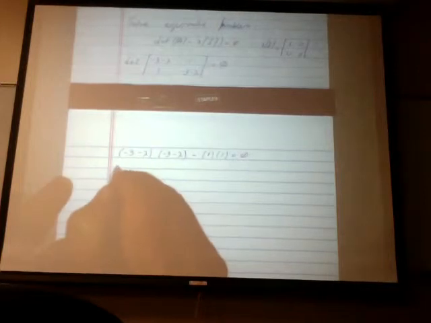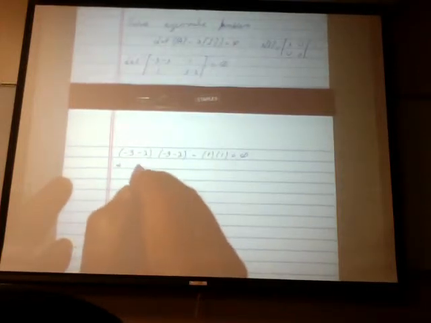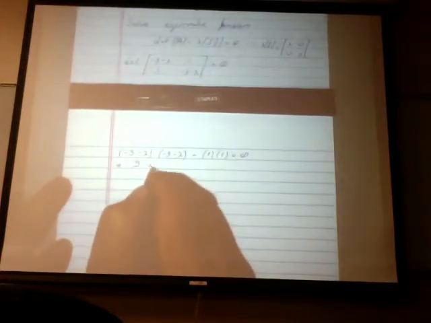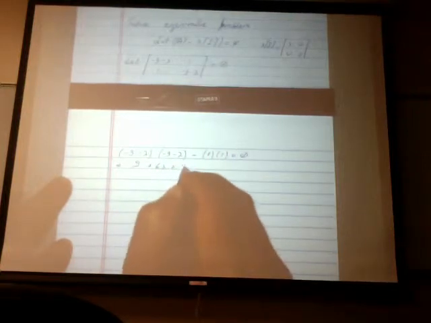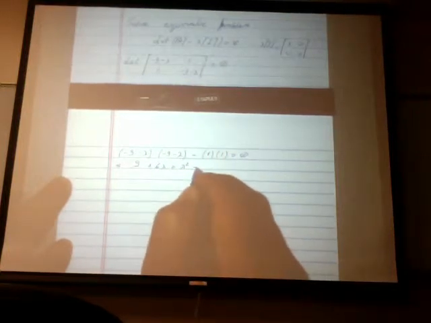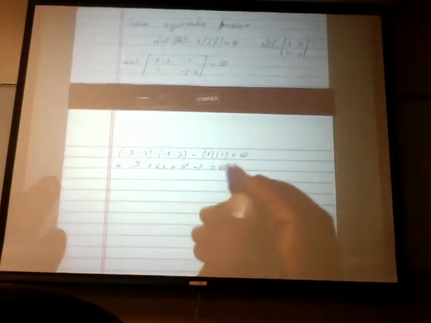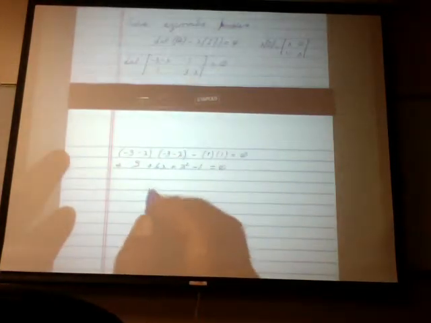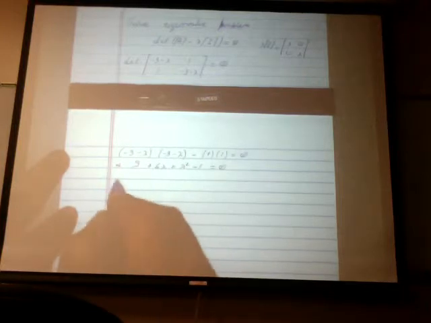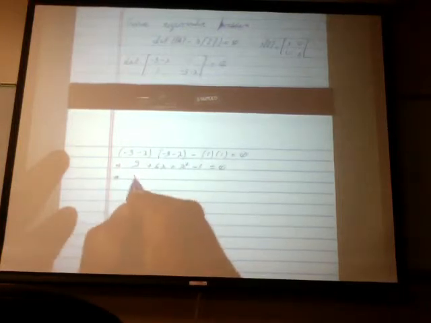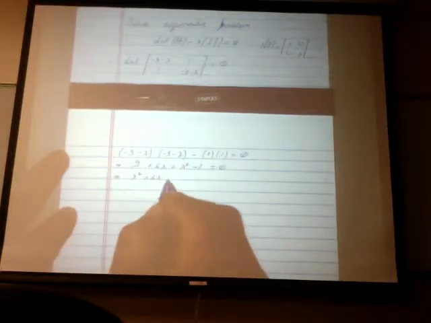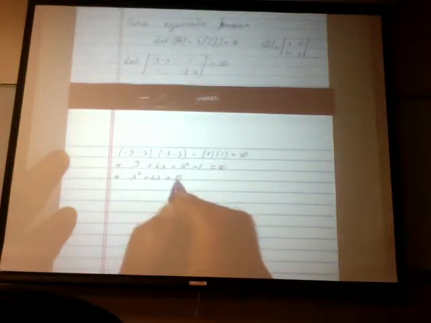So that leads to 9 plus 6 lambda plus lambda squared minus 1 equal to 0. And that would be lambda squared plus 6 lambda plus 8 equal to 0.